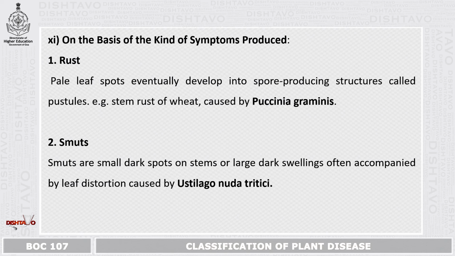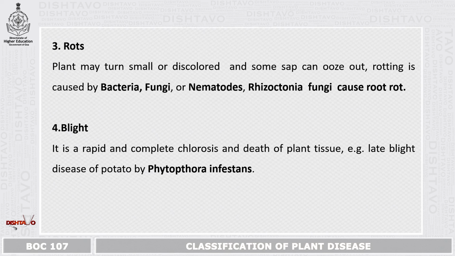Second symptom is smut. Smuts are small dark spots on stems or large dark swellings. Often they are accompanied by leaf distortions, caused by Ustilago nuda tritici. Third symptom is rots. The plant may turn small or discolored and some sap will ooze out from the plants.